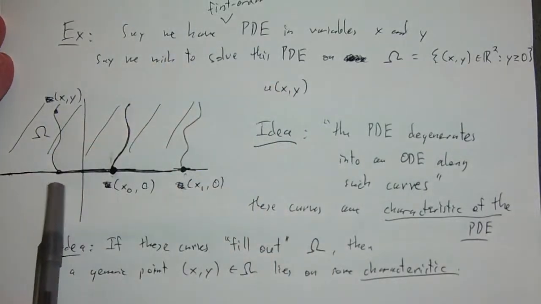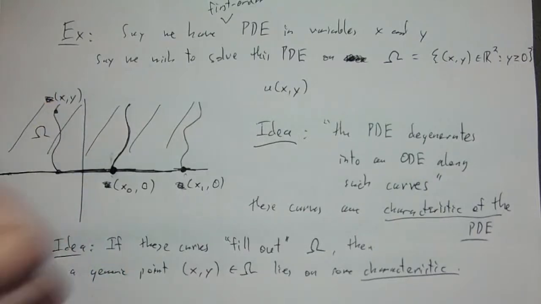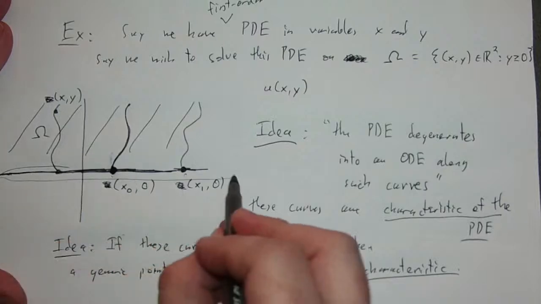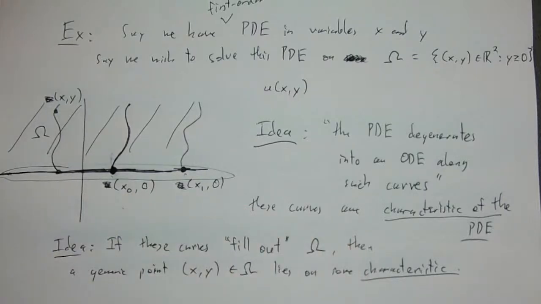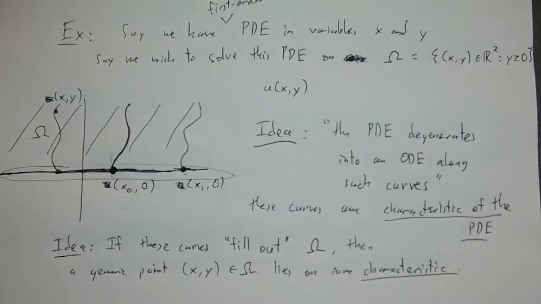And so I need data specified at this point to tell me the value of the solution u at any point along this characteristic associated to that point. So if I have that, then I am good to go. Basically, what I would need is to specify values along this entire boundary. And if I can actually fill out my region with these characteristic curves, then in this way I can find the value of my solution at a generic point, because a generic point lies on some characteristic. That is the idea.